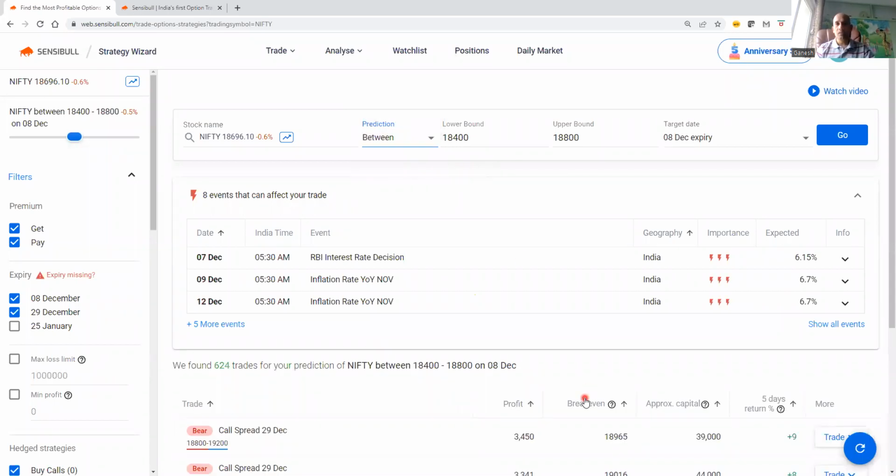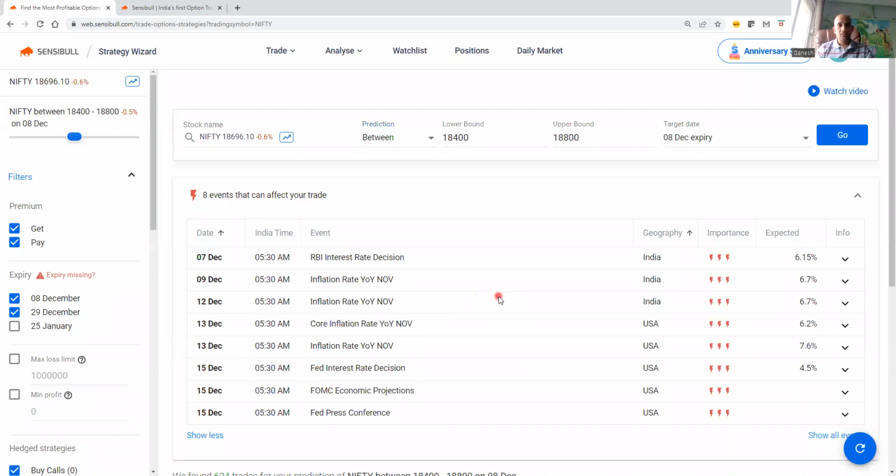Now, see what events there are within this time period. It's showing 3 major events, or 8 events in total. The RBI interest rate decision, the 7th and 9th is the inflation rate, and the Fed rate, which we all know, on the 13th and 15th is a very major upcoming event for the month.